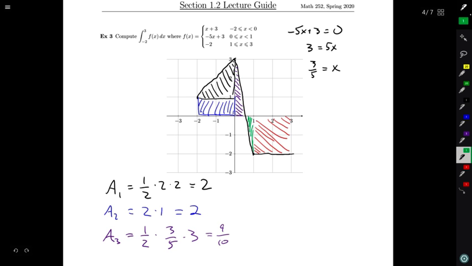Continuing on, we're going to have some green area here. So area 4 we are on. The base length of this triangle, well, let's see. If we had a length of 3/5 there, and we need to get up to 1, the x value of 1, then the base length is going to be 2/5. So this is going to be 1/2 times 2/5 times its height, which is going to be minus 2 here.